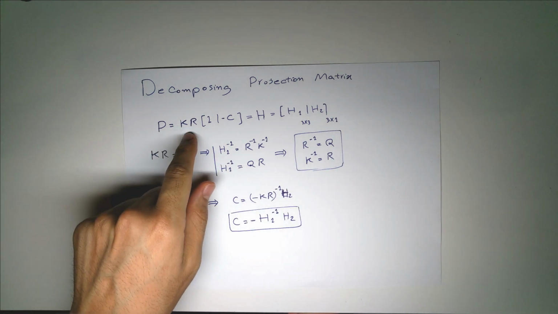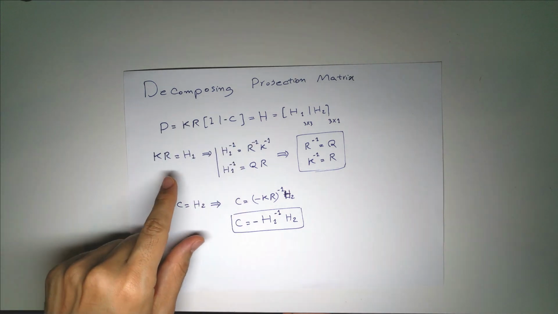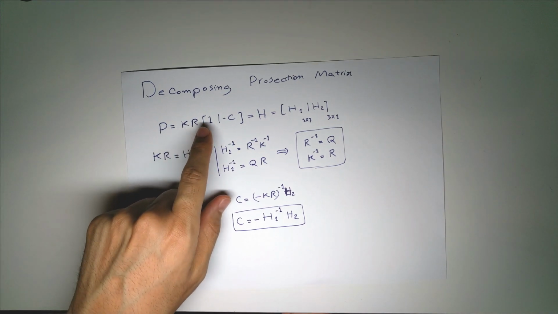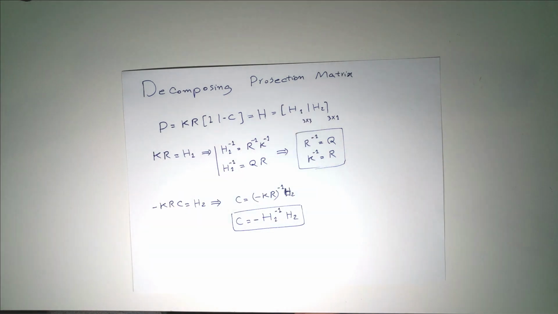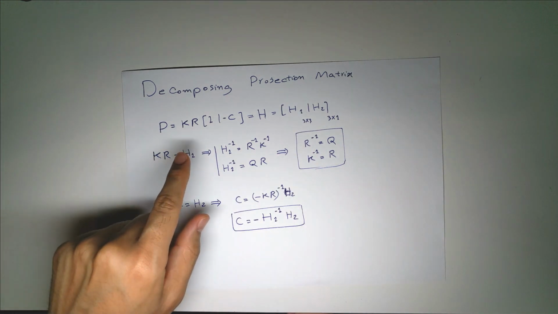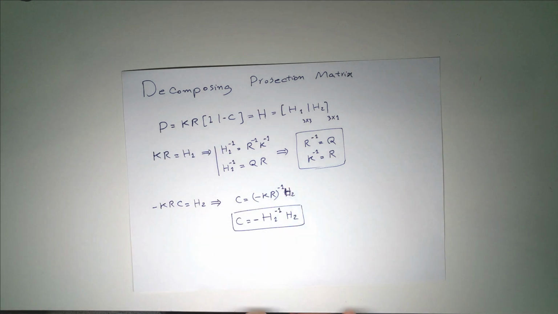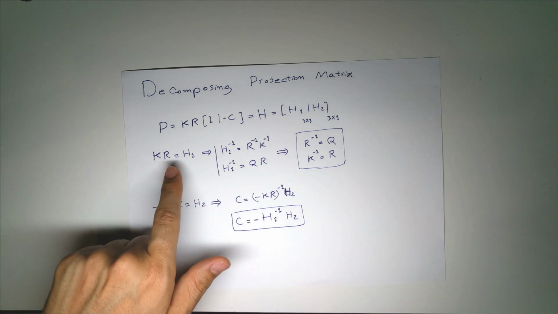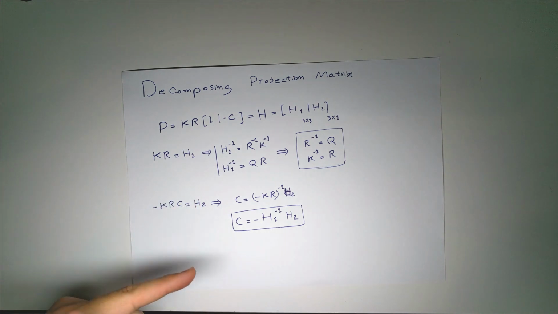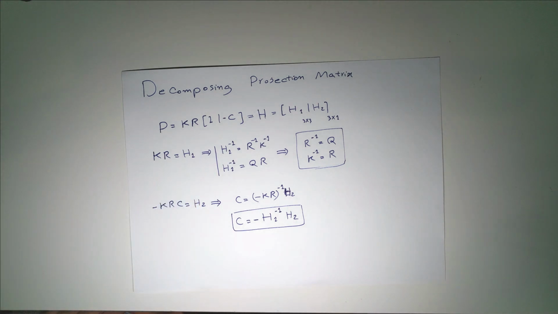If I just multiply this by this, KR multiplied by identity, which is again KR, will be equal to H1, and KR multiplied by minus C should be equal to H2. So KR equals H1. That means if I take the inverse from both sides, I will have R inverse K inverse equal to H1 inverse.